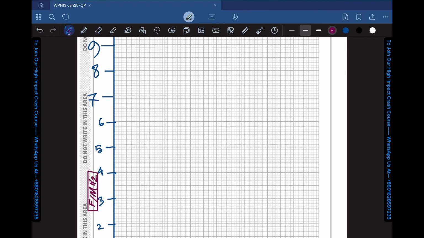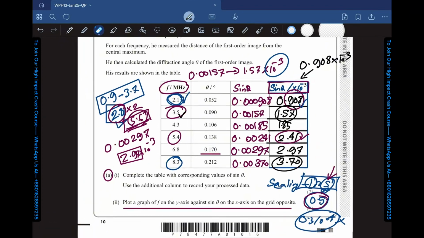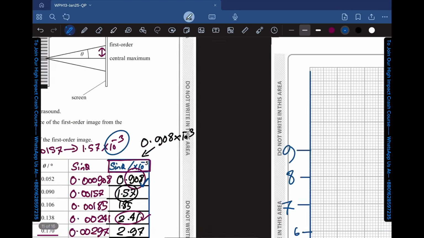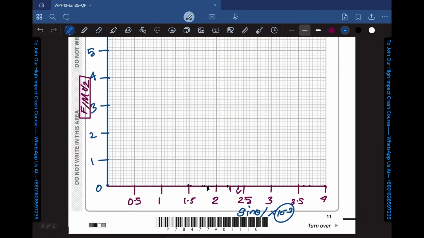Otherwise you will lose a lot of marks. Now let's plot the graph. So for 0.908 it will be 2.1 for the first value, right? And make sure you remember that sin theta is on the x-axis. So 0.908 and 2.1.